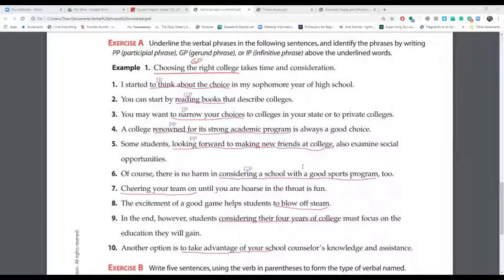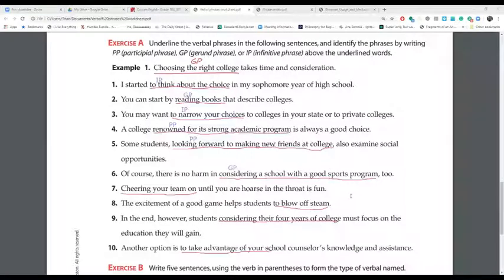That's one way of looking at gerunds. If it is modifying a noun or a subject, then it is a present participle. Any other time you see ing that's not modifying a noun, then it is a gerund phrase.